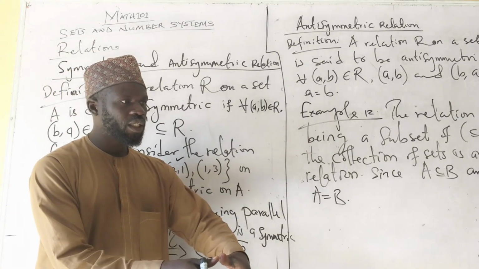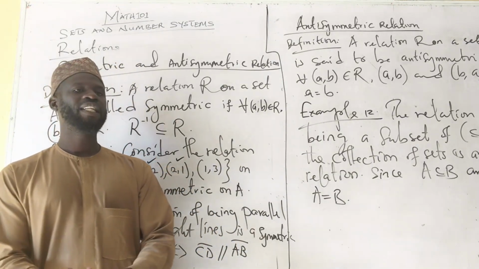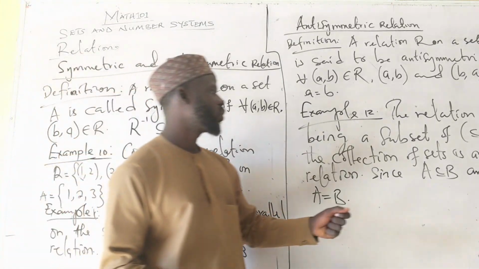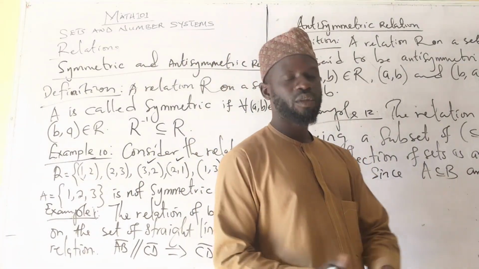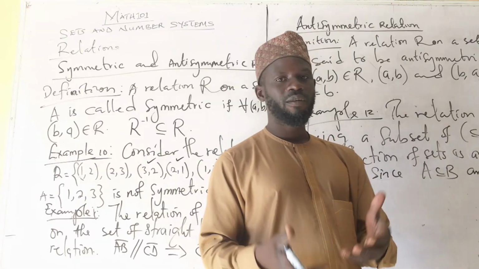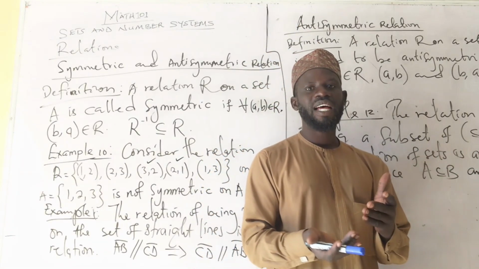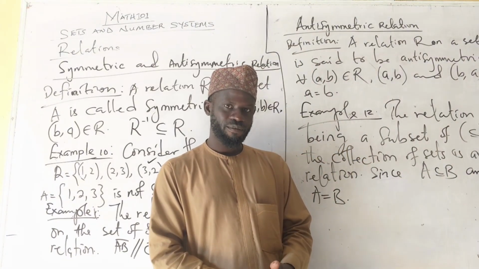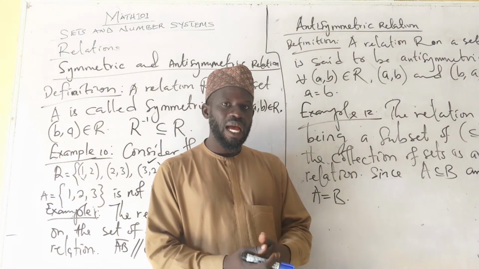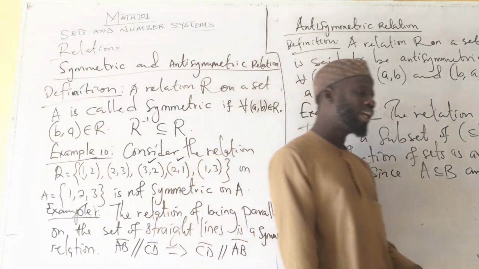So A is related to B and B is related to A, definitely A is equal to B. So this is an antisymmetric relation on a collection of sets. You consider any two sets, one is a subset of the other and the other is a subset of the first set, then the two sets are equal.